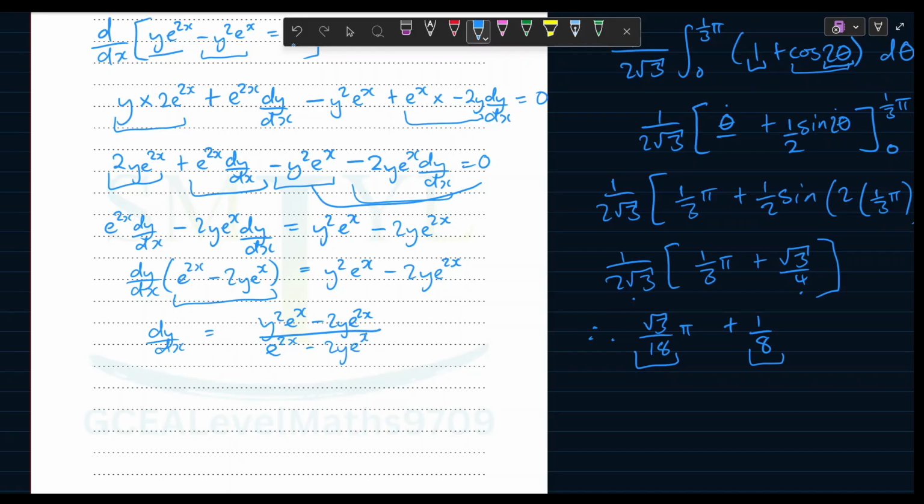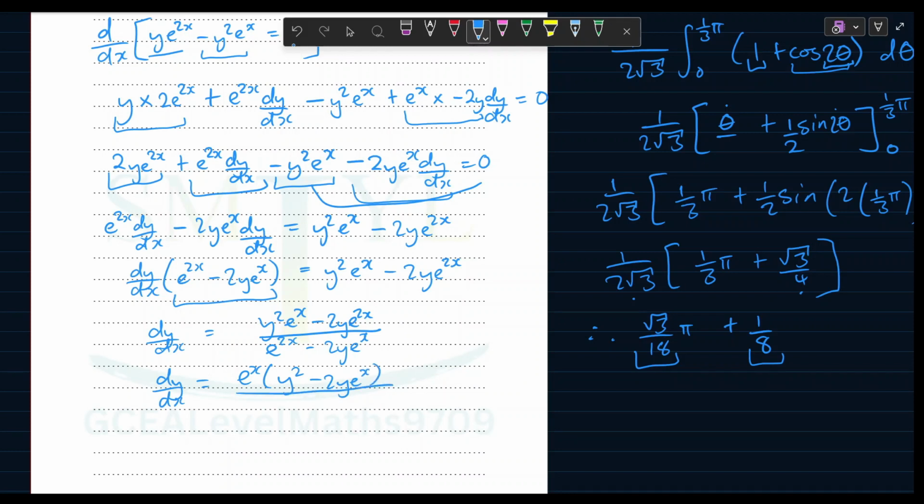And it looks to me that every term in our fraction here has an e to the x. So we should be able to factor out e to the x, just so that we've got a simplified expression. So in the numerator, if you factor out e to the x, that's y squared minus 2y e to the x.